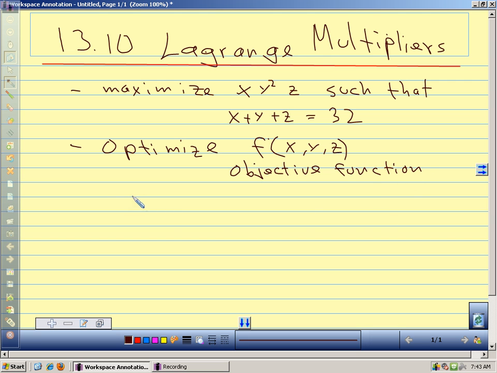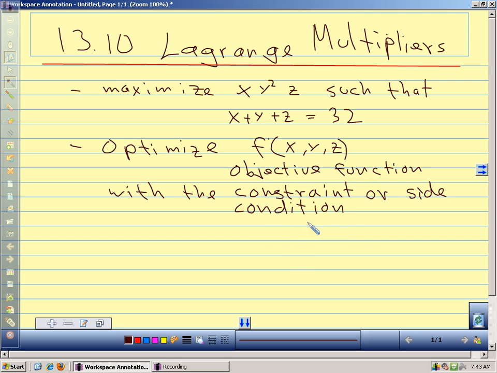And we have the condition, which we usually call the constraint or the side condition. So our side condition is that some function g of x, y, z equals some constant. In the problem we did on Friday, our objective function is x y squared z, and our constraint was x plus y plus z equals 32.